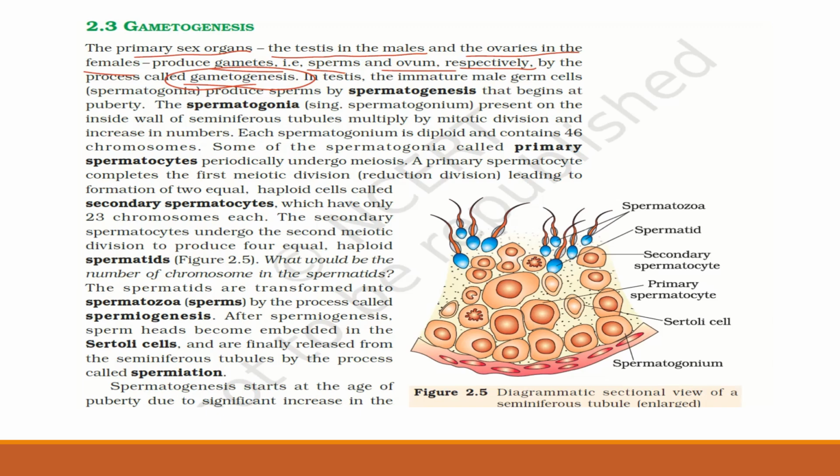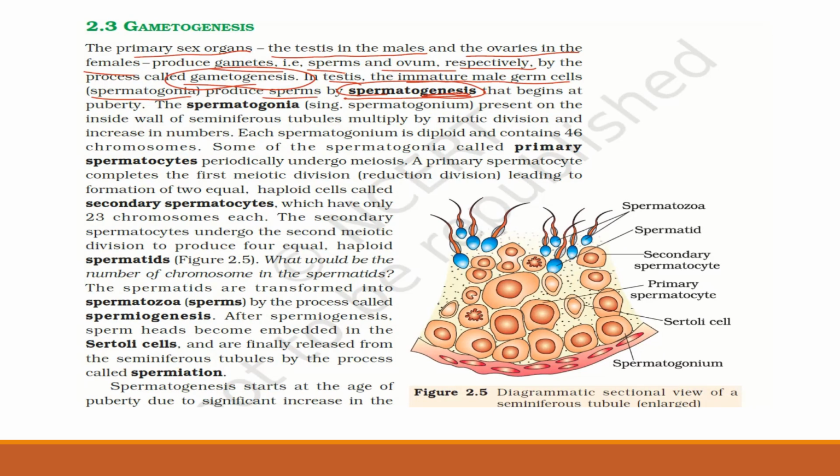well as in female. So in testes, the immature germ cells or spermatogonia produce sperms by the process of spermatogenesis. As the name suggests, spermatogenesis means genesis or formation of the sperms in the testes, from the immature male germ cells or spermatogonia.